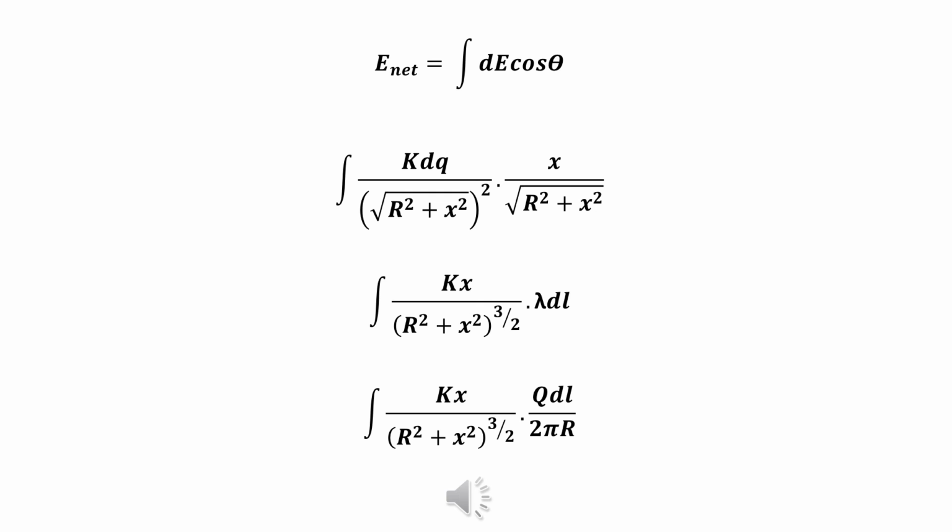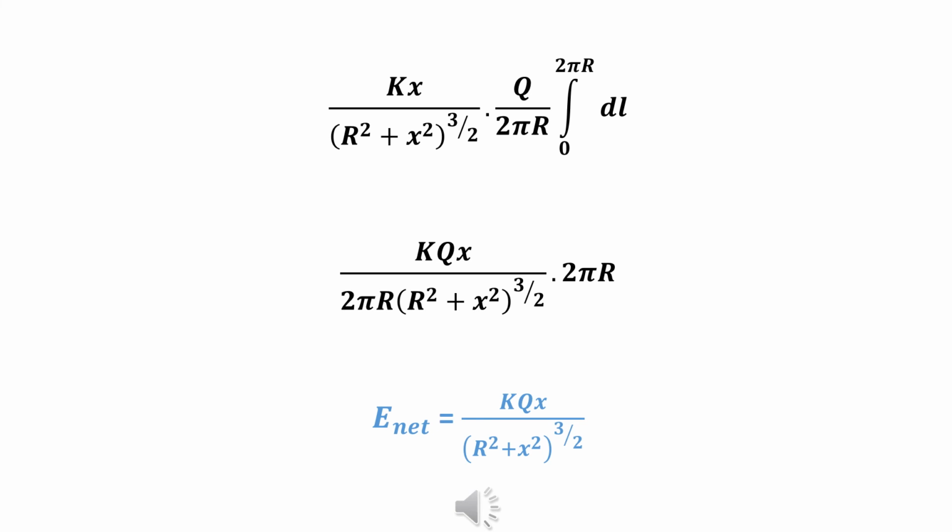Now simply put the values of dE, lambda and cos theta in the formula of integration as shown in the video and solve. You will easily get the value of the net electric field E net at the point A on the axis of the ring.